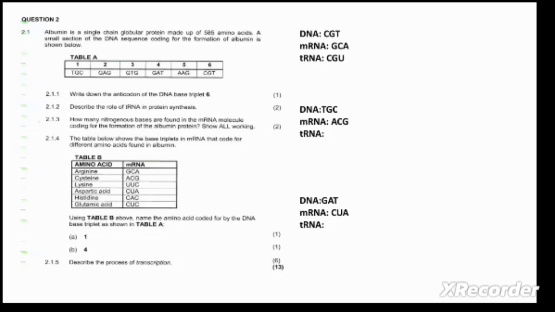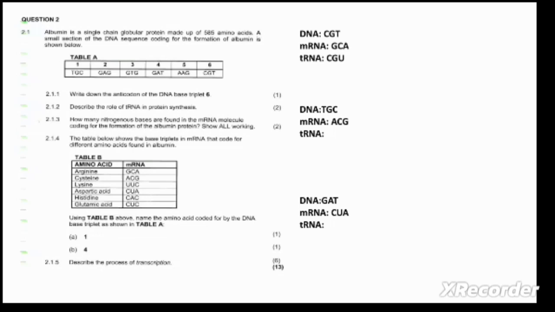For DNA, we have TGC. Let's find the mRNA. T pairs with A, G pairs with C, C pairs with G. So ACG. Let's look for ACG on the table. ACG, the amino acid is cysteine. That is the first amino acid.